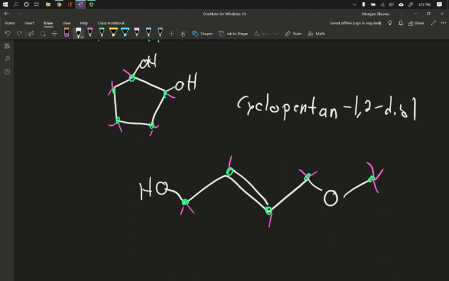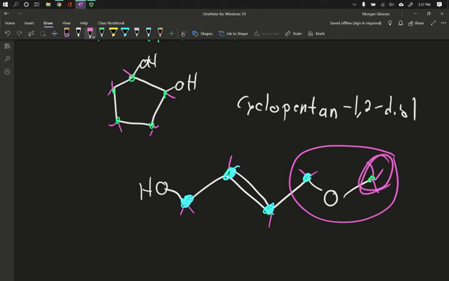If this is the case, well, the longest chain are these 4. That oxygen interrupts, so that last carbon on the end isn't part of the chain. This is part of a subgroup. This is a 1-carbon ether, so this is a meth, then oxy for ether subgroup.